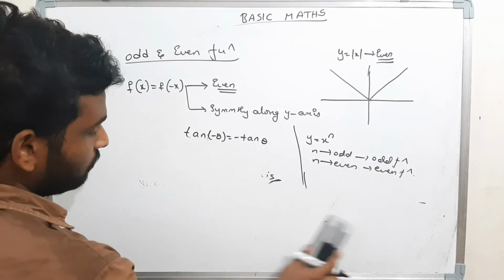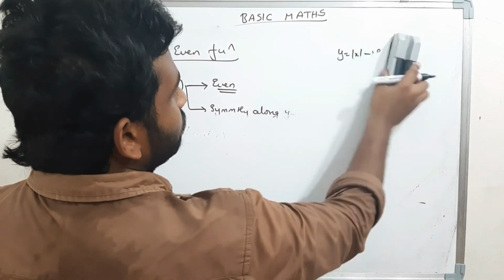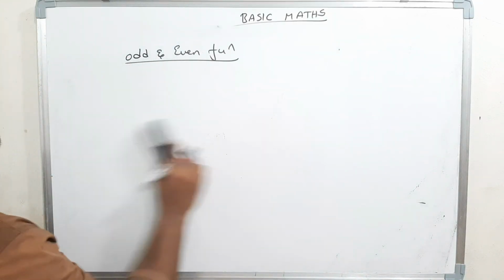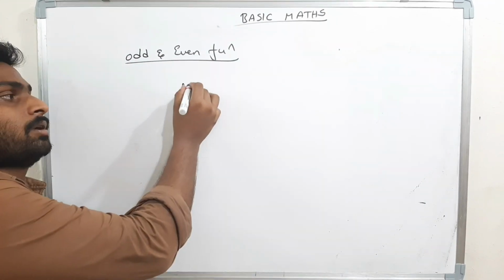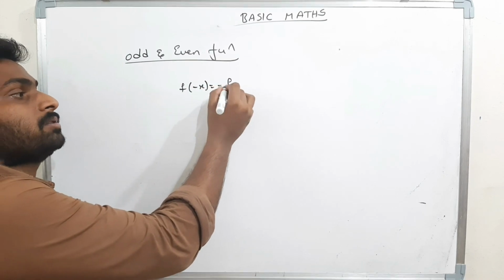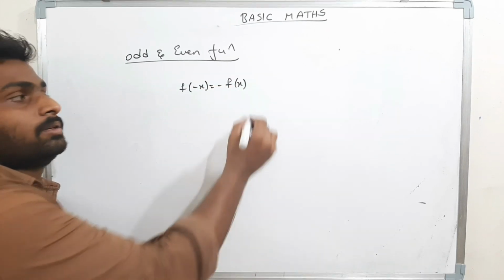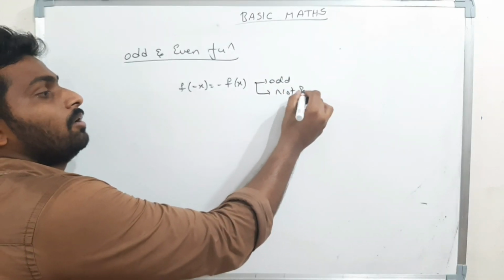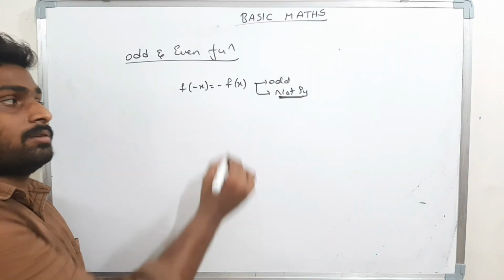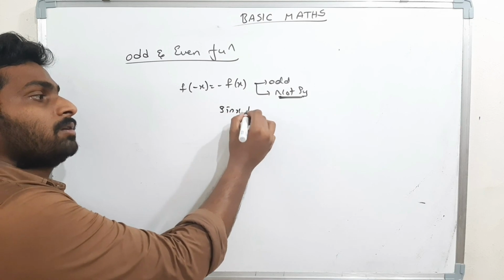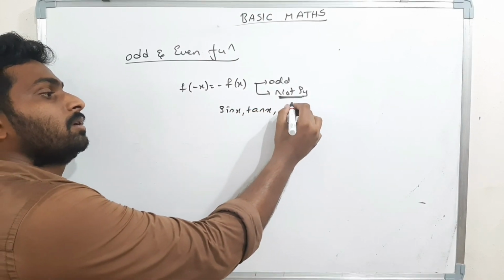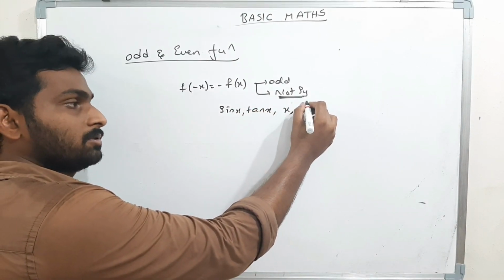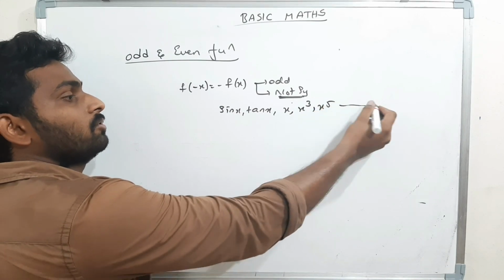At a glance, we will see now. Same way, what is an odd function? Firstly, f of minus x is equal to minus of f of x. This is known as an odd function and it is not symmetric along the y-axis. Examples: sin x, tan x, x power 3, x power 5, and so on.